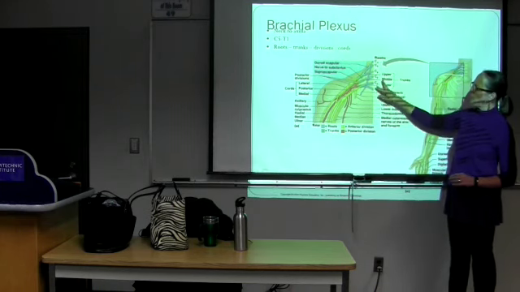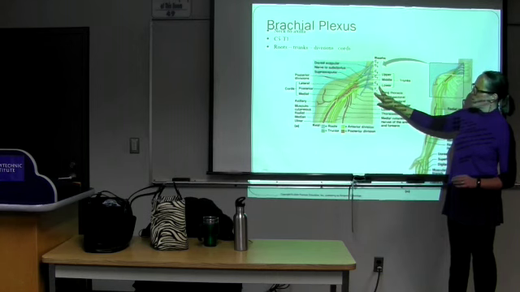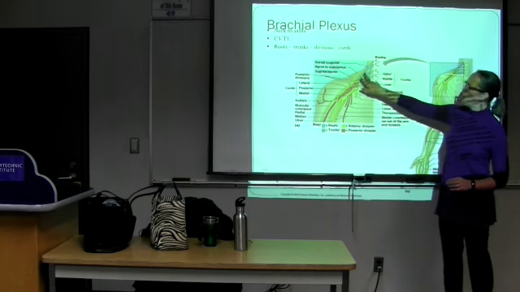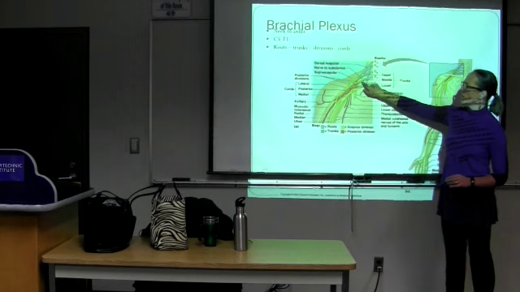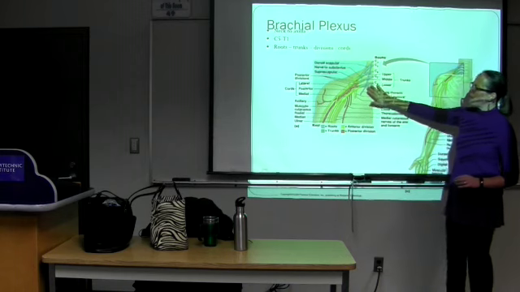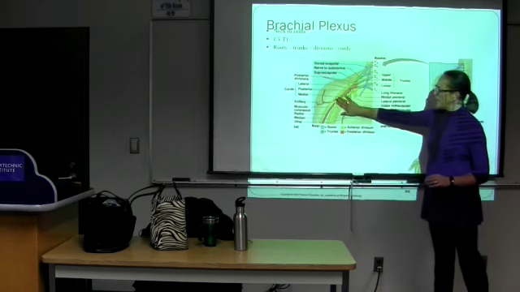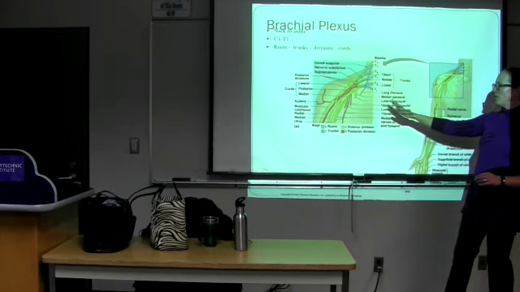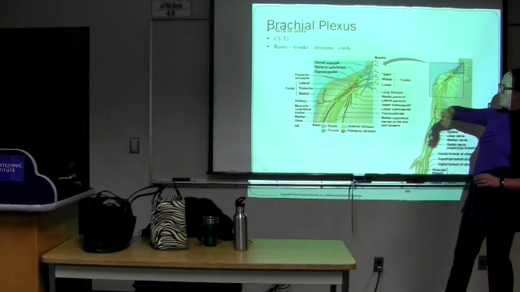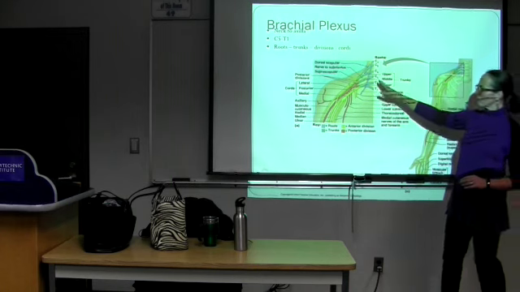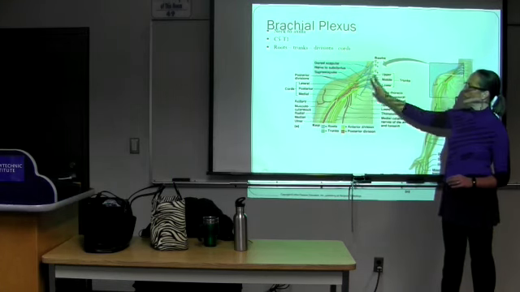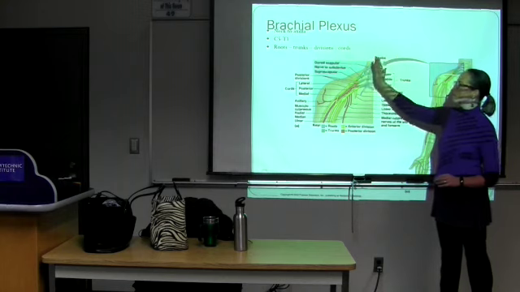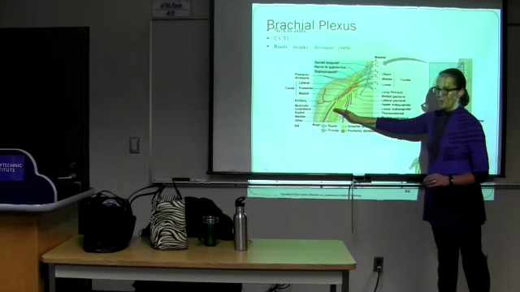These blue represent the roots. And then we go into trunks, which are the green. The divisions and the cords are the yellow. There's actually anterior and posterior division, so don't blow your mind about it. Divisions and then cords. So it goes roots, trunks, divisions, cords.